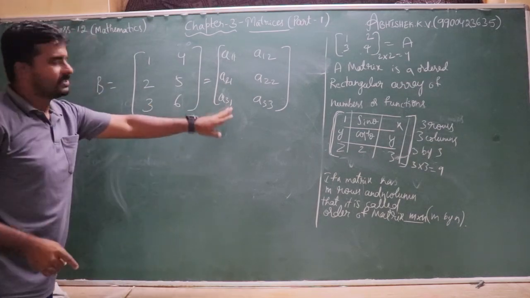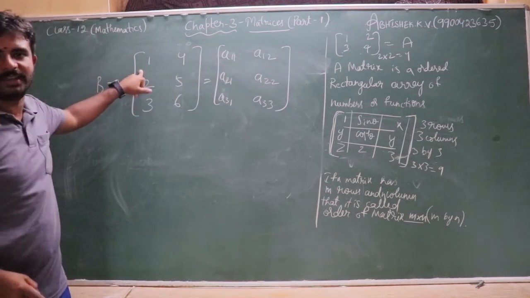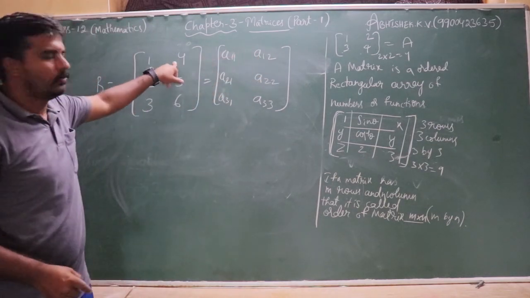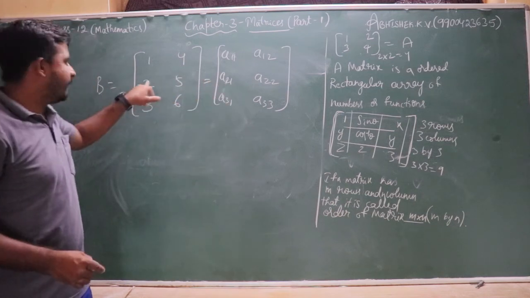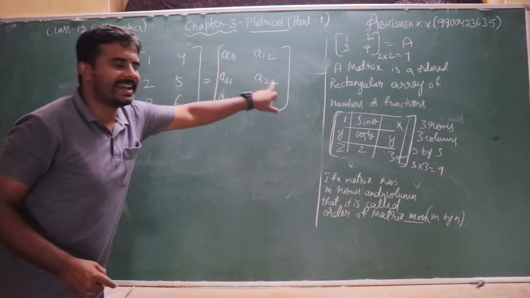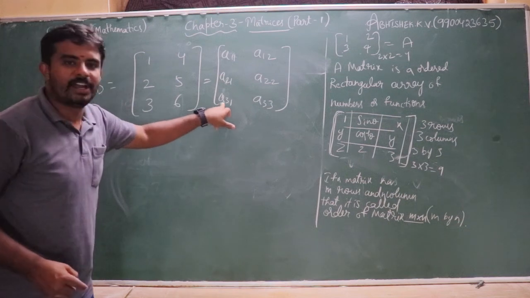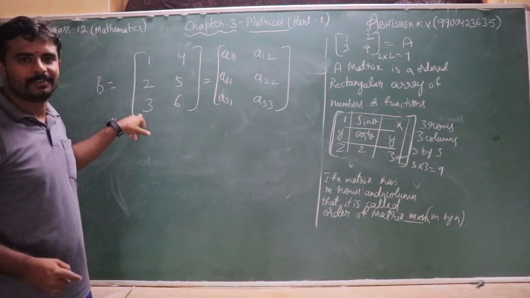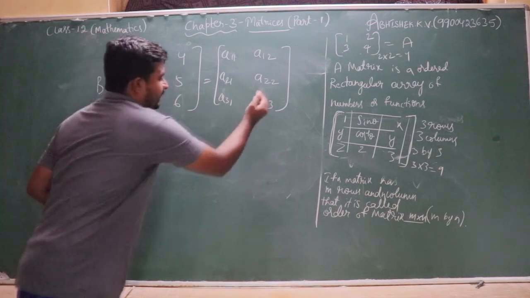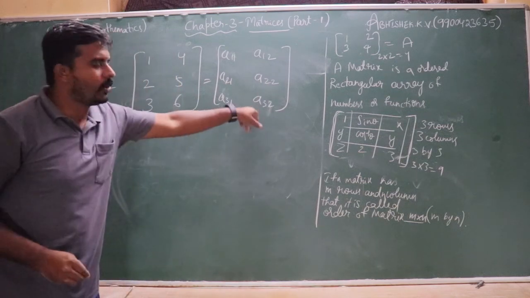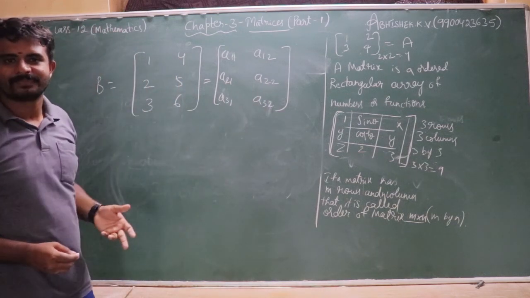First row, first element 1, first row, second element 4, second row, first element 2, second row, second element 5, third row, first element 3, third row, second column 6.